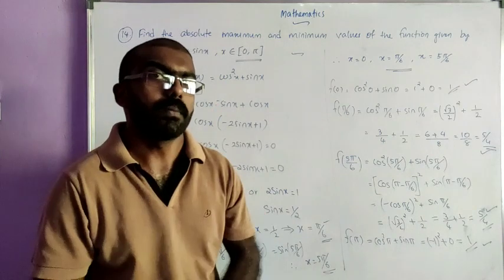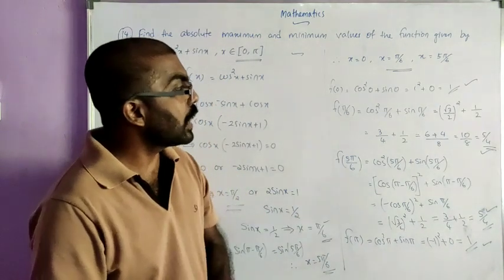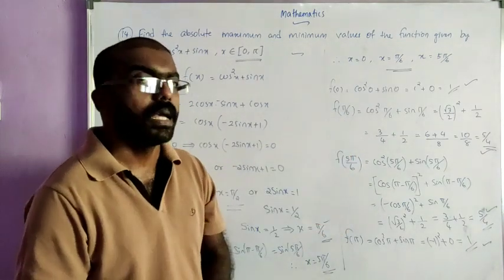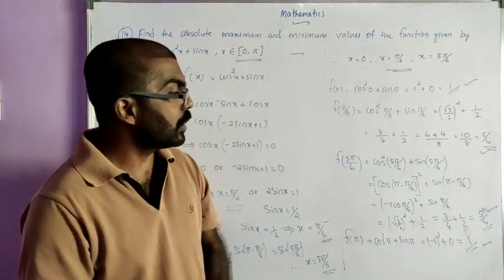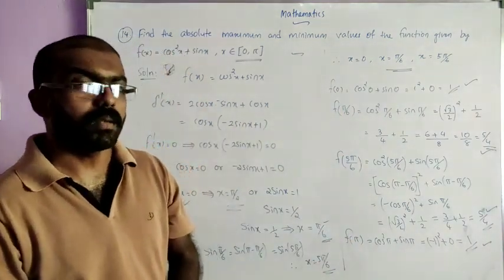So the absolute maximum value is 5 by 4 at the points pi by 6 and 5 pi by 6, and the absolute minimum value is 1 at 0 and pi. That we can conclude.